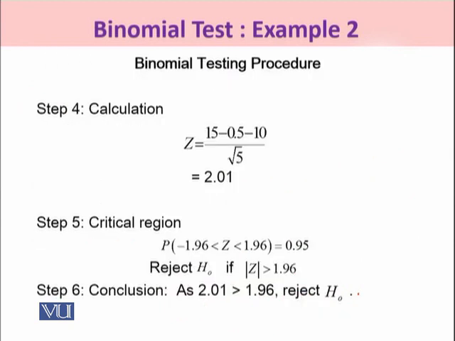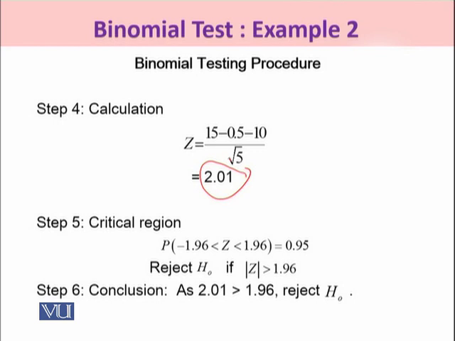Now students, we are actually calculating the z. So by plugging in the entire information into the formula of z, we have calculated it as 2.01. Now we'll have to compare this calculated z value with the tabulated z value that is to be obtained from the normal probability table.